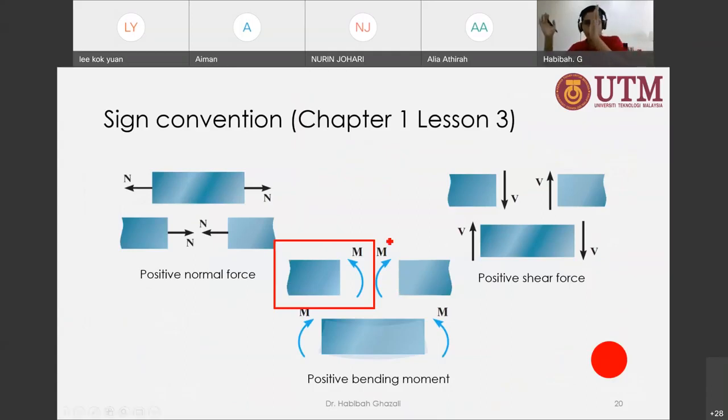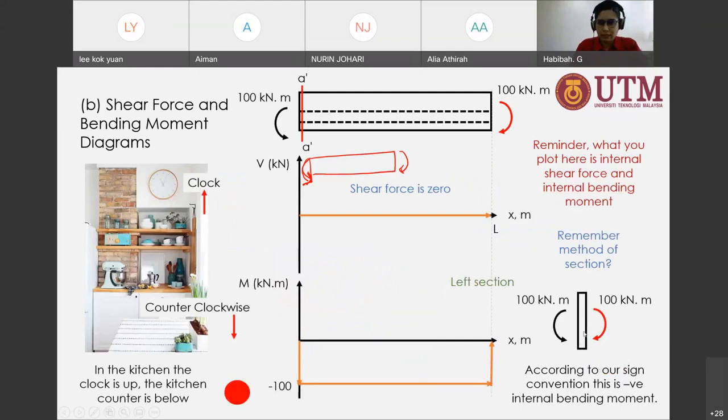So no matter if you draw it on the left side or on the right side, it should give you the same bending moment diagram. But we are always going to start from the left side. So what we draw is actually the left side. If you imagine you are drawing that bending moment at this method of section, we draw that left side over and over again. So that's why we get this one as negative.